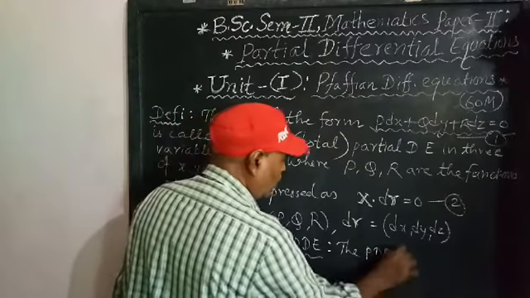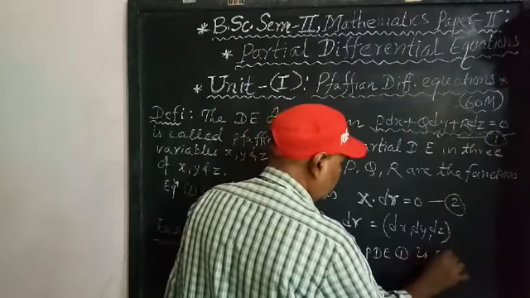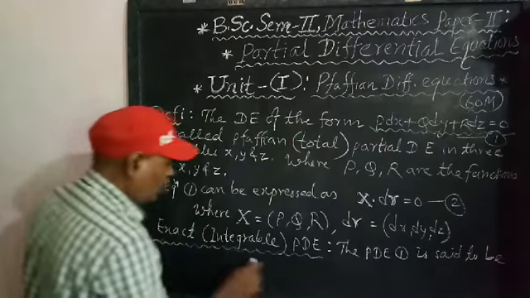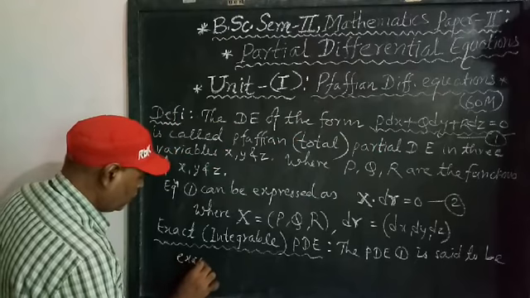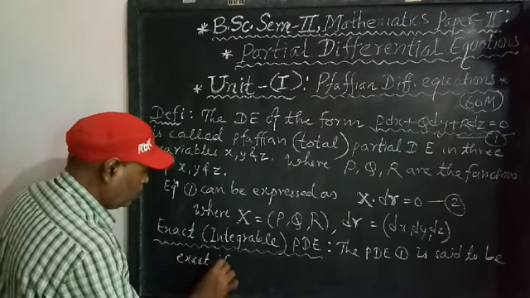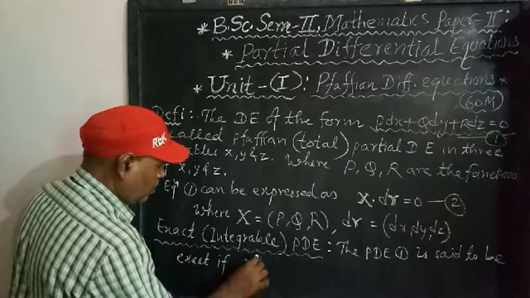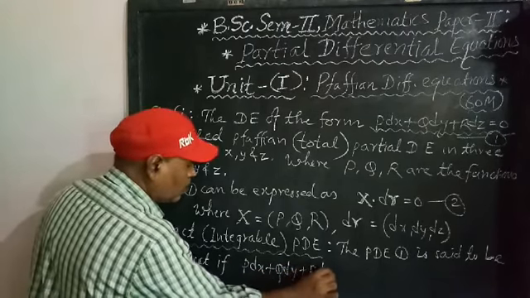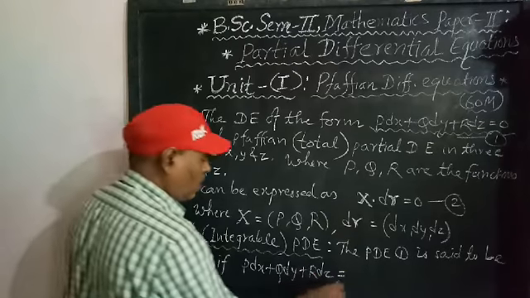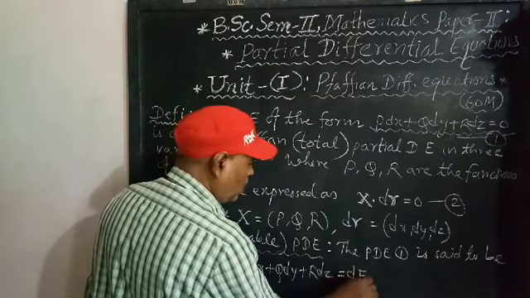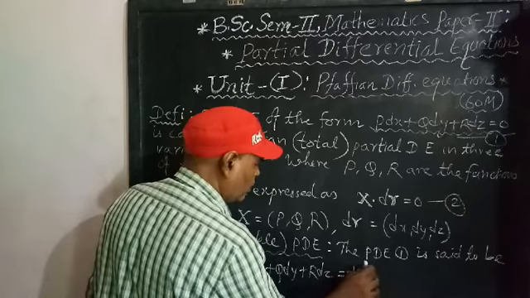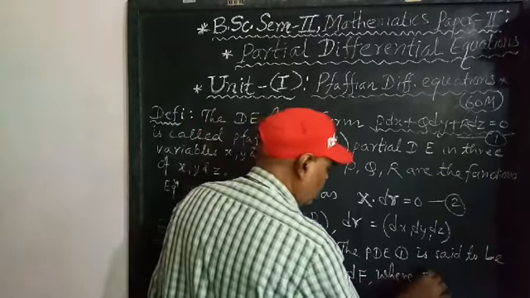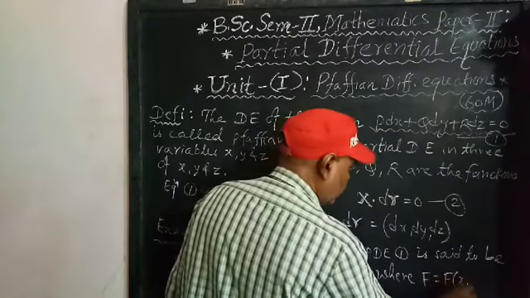The PDE 1 is said to be exact if P dx plus Q dy plus R dz equal to df, the total differential of f, where f is a function of x, y, z.